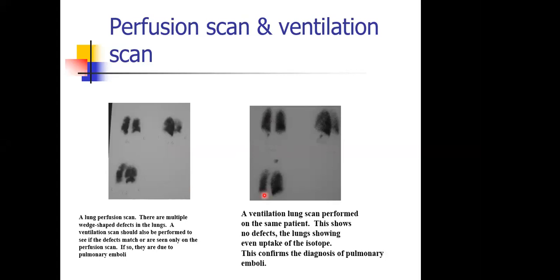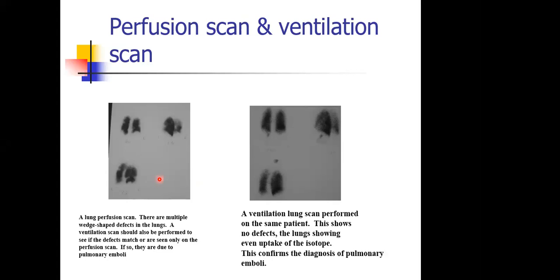Once we have done that, we go to the phase of interpretation. During interpretation, what we do is basically compare the perfusion scan images with the ventilation scan images. If they both look similar, then we say there is matching.